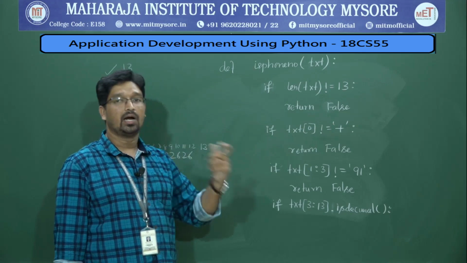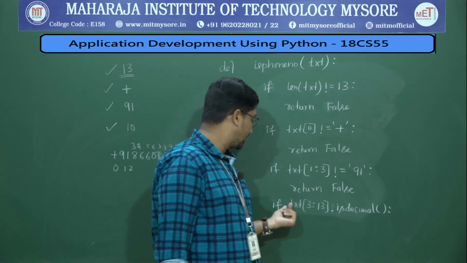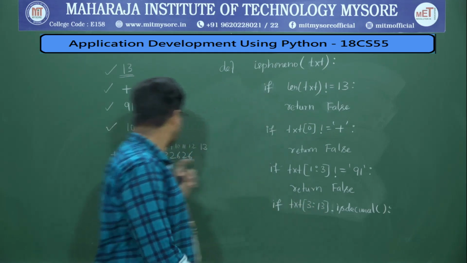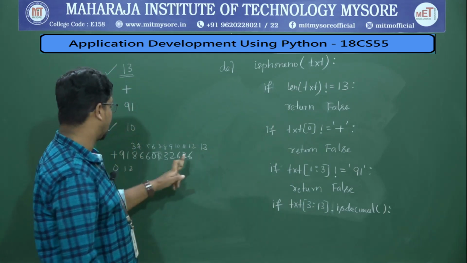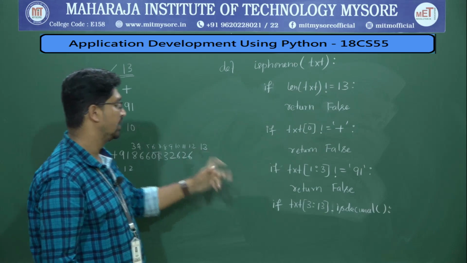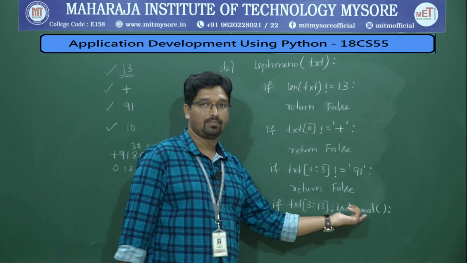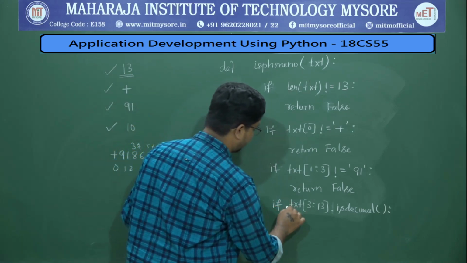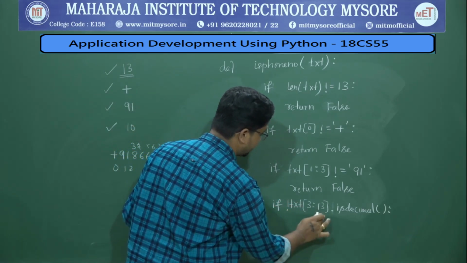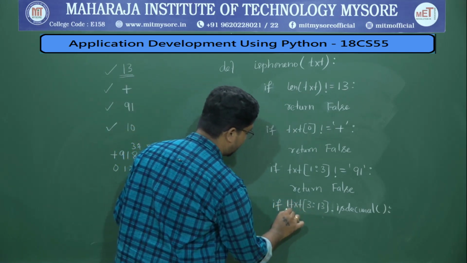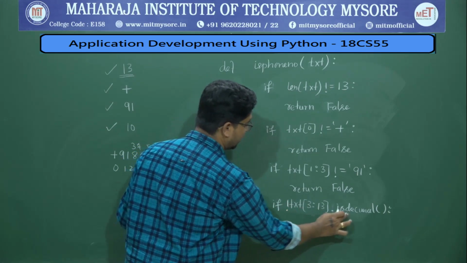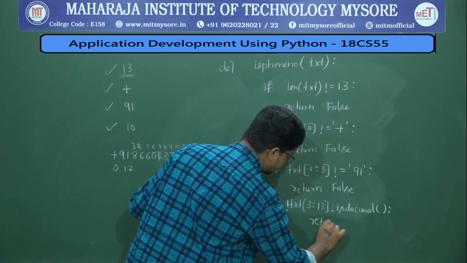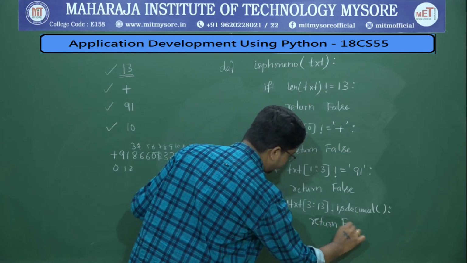So here, text of 3 to 13, where 12 is the last index, I am checking isdecimal. So I am writing not again: if not of text dot isdecimal, this will return true or false. If it is not a decimal, again you should say return false.